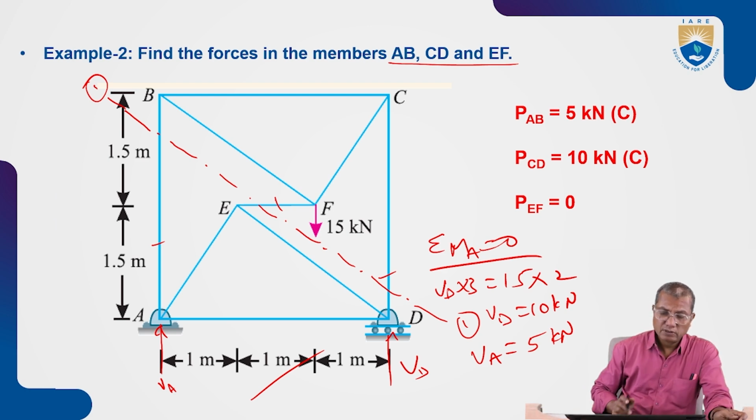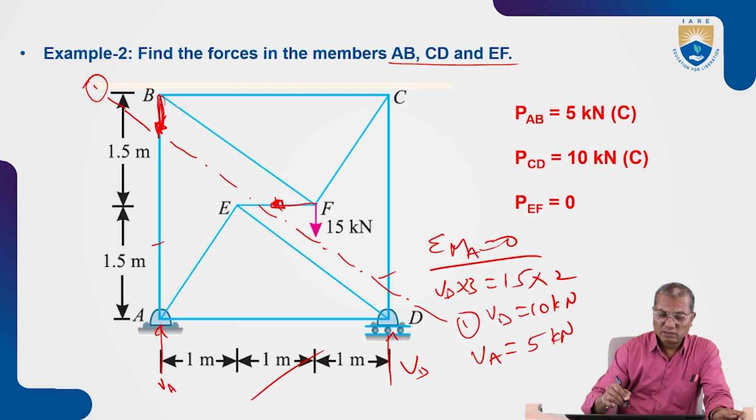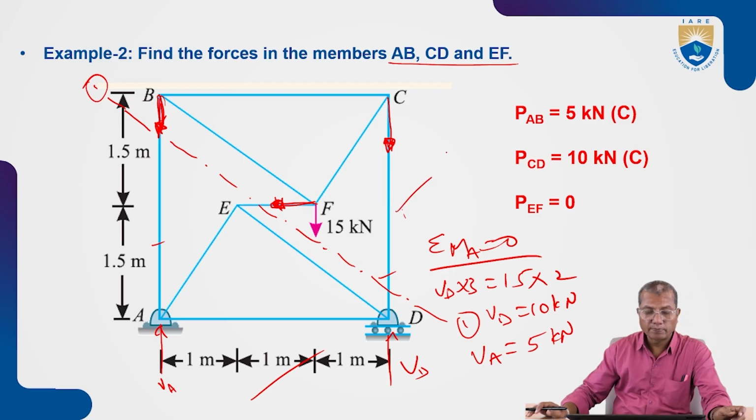Now let us consider the forces to be tensile, that means acting away from the joints. So the force in member BA acts away from B, similarly away from C and away from F, because we are considering the top portion of the frame.